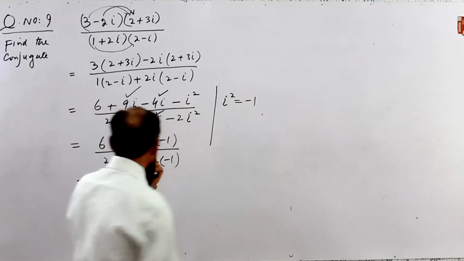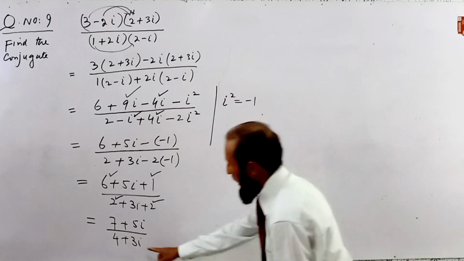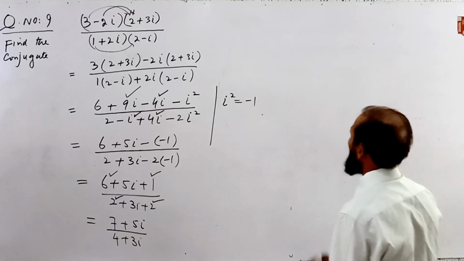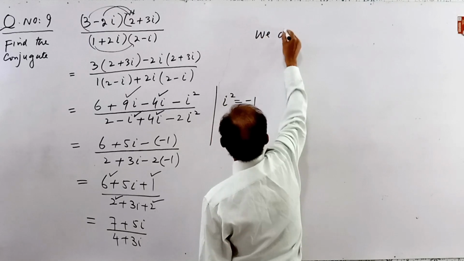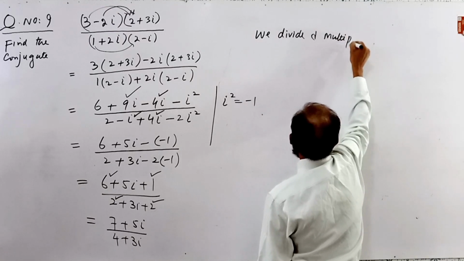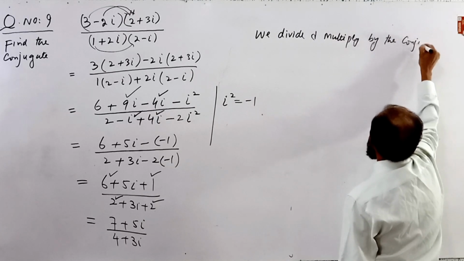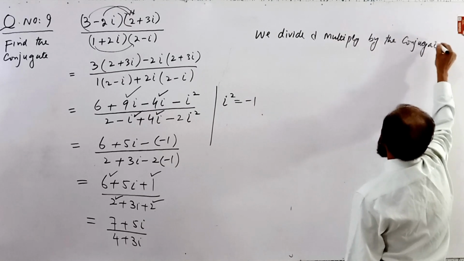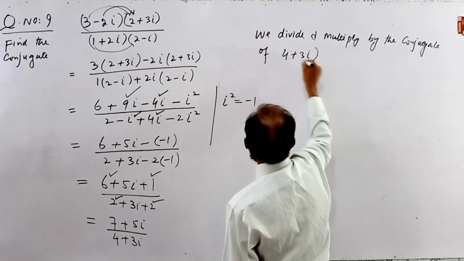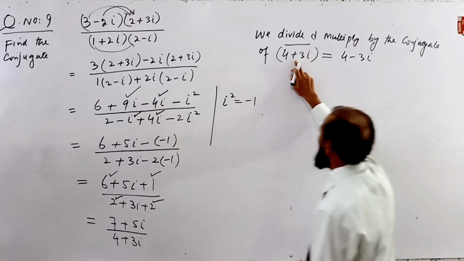Now we are finding the conjugate. The problem is coming with this term, because a complex term is coming in the denominator. So we divide and multiply by the conjugate of 4 plus 3i. The conjugate will be 4 minus 3i, since the sign of the imaginary part is changed.